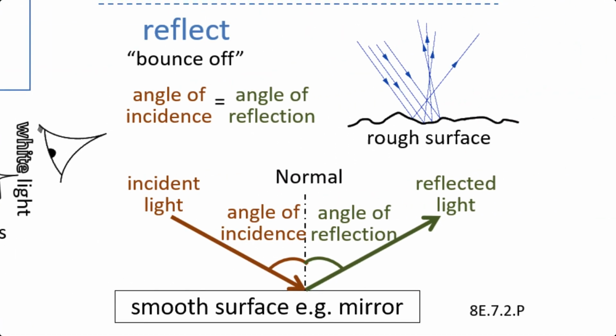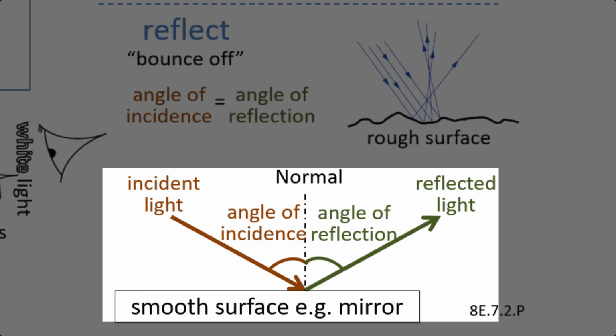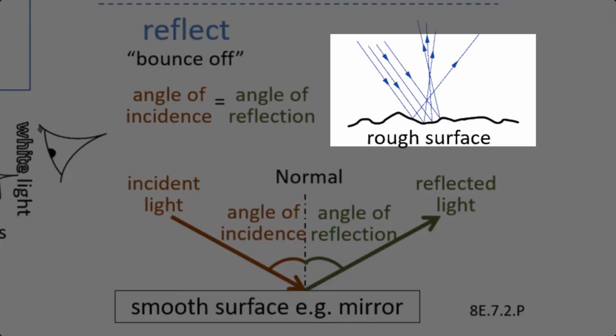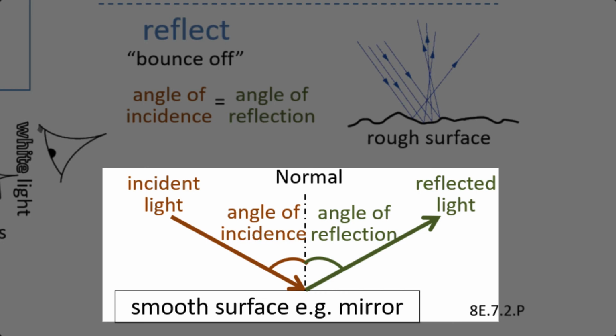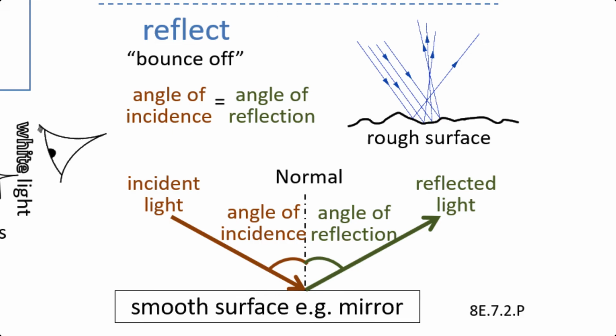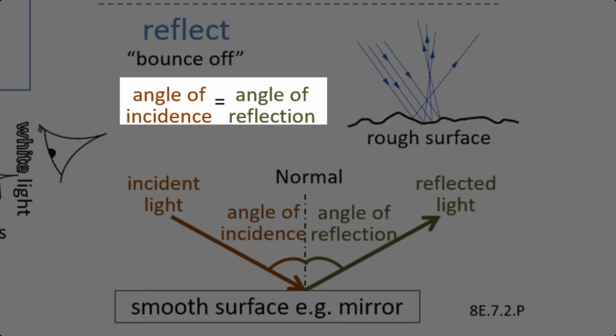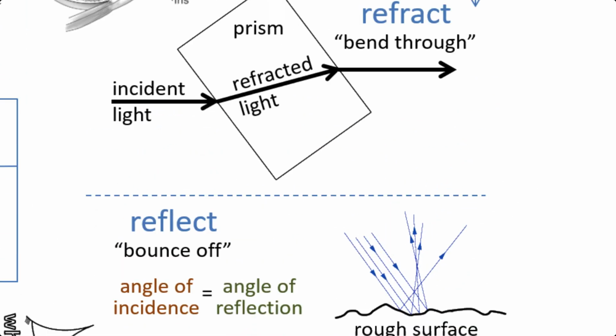Opaque objects may be rough or smooth. Rough objects scatter the light that they reflect, but smooth objects reflect the light without scattering, so that we can see a reflection on the smooth object's surface, like a mirror. During reflection, the angle of incidence equals the angle of reflection.